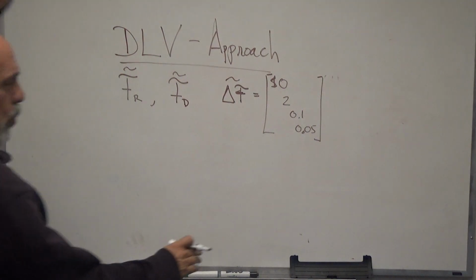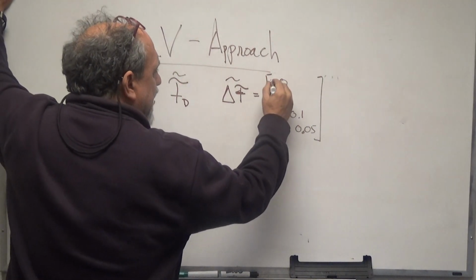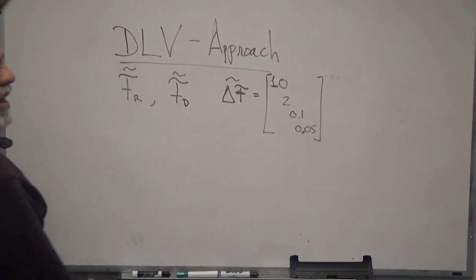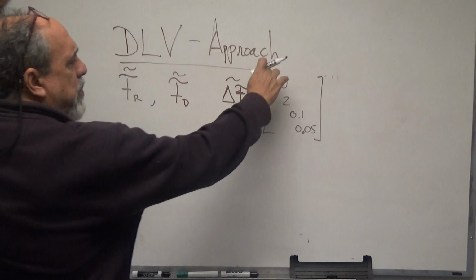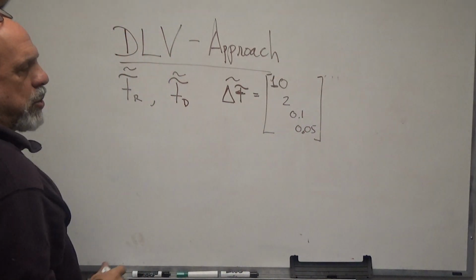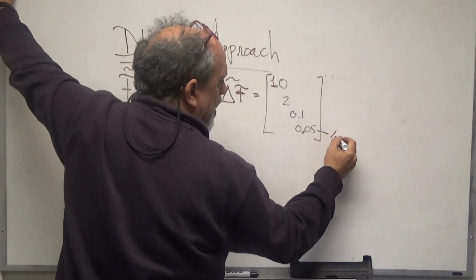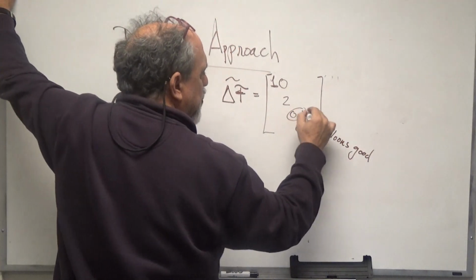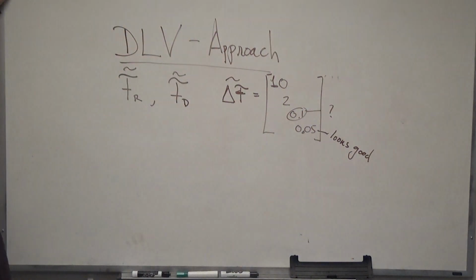Now, in this case, you would say, well, okay, it looks pretty small compared to 10, so this is probably a pretty good estimate of a damage locating vector. But what about this one? Is that also small enough? I'm not so sure, and so on.